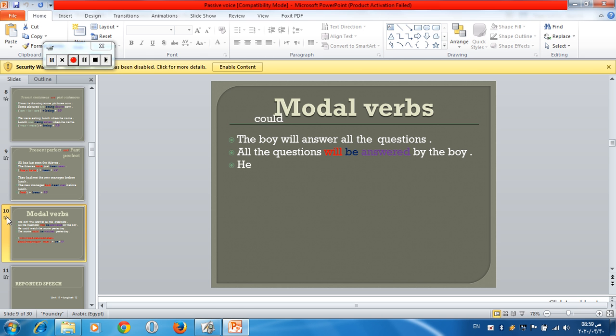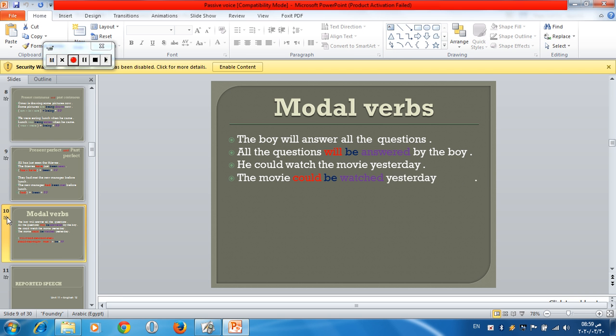Another example, using another modal verb: he could watch the movie yesterday. He was able to watch the movie yesterday. This is the meaning of the sentence. So start with the movie. The movie, yes, good. Then bring could, excellent, and put be: the movie could be watched yesterday.